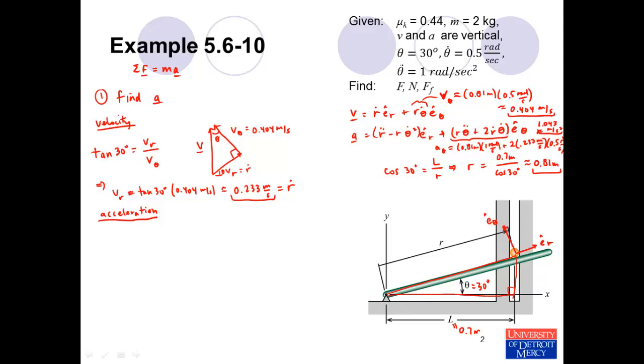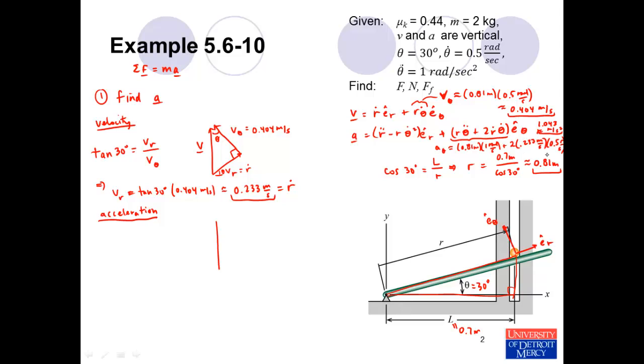That gives us one component of our acceleration, but we will need both components. We'll also need the radial component, and the way we'll find that is again to rely on the geometry. We know that the acceleration must be along this vertical line because the particle is constrained to move in that line, so it'll be vertical.